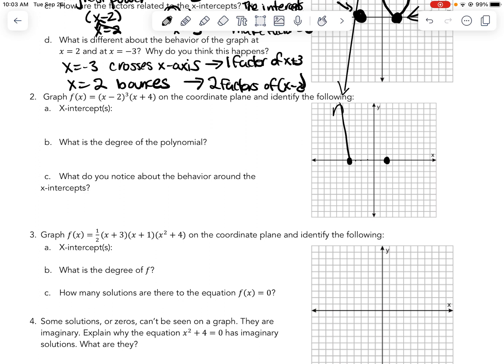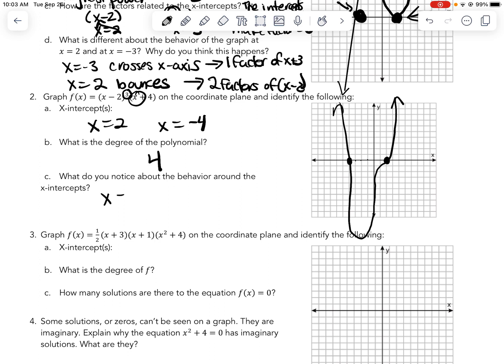And then it came way down, and then it does this weird little jag right there. So what are the x-intercepts? Well, it crosses at x equals 2 and x equals -4. Now the degree, well, I notice there's a 3, so there's 3 x's and another one, so that makes it degree 4.